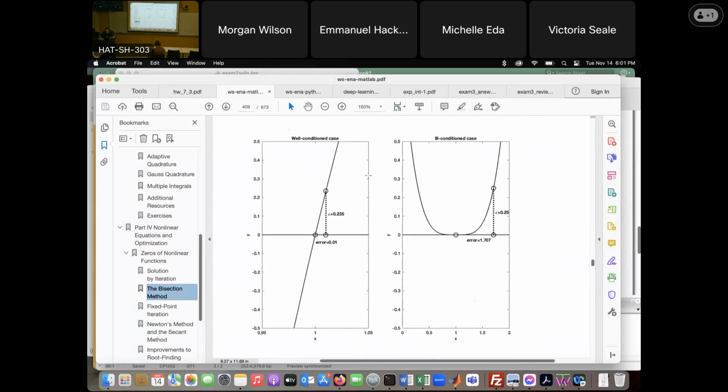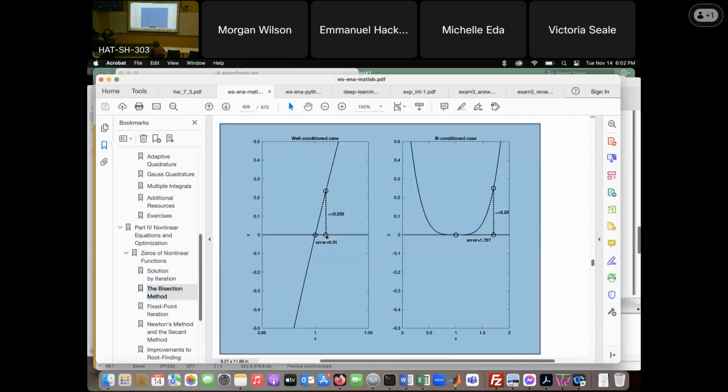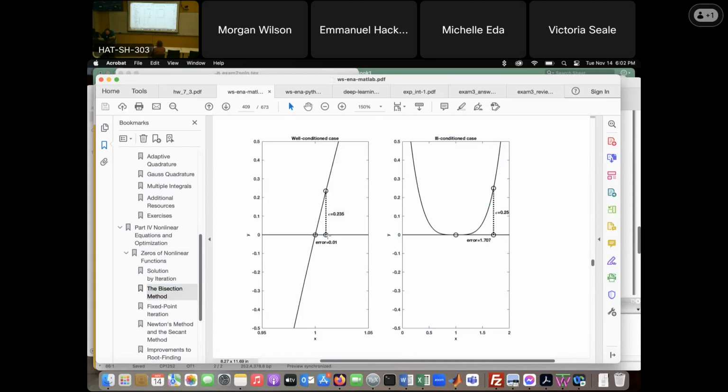Okay, so here's an example of a problem of finding the root of f of x where that is well conditioned. So the graph of that is pretty steep at the root. Y is changing rapidly with respect to x. So let's suppose right here that this circle is also on the x-axis, but to the right of the root. Suppose that was my computed root. So it's an approximation to a true root.